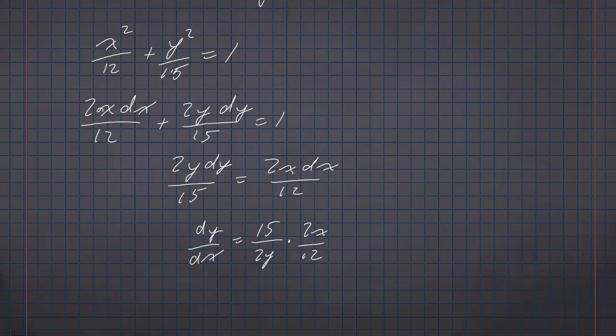And all of the reducing we can do on that, I get that dy over dx is 5x over 4y. So this new notation doesn't seem to have done much of anything for us. But it exists and it works, and that's kind of the only thing that matters right now.